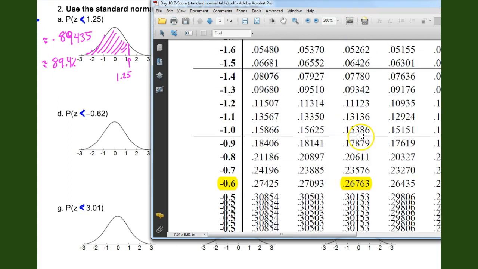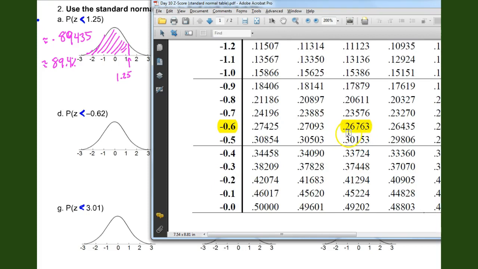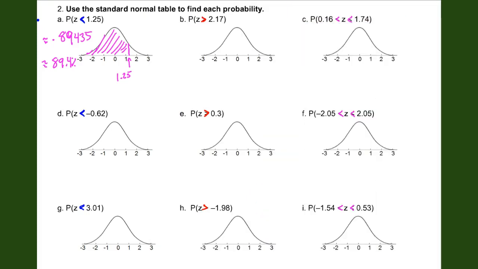All right, so we have 0.26763, which means this is approximately 26.8% of the whole curve shaded in.